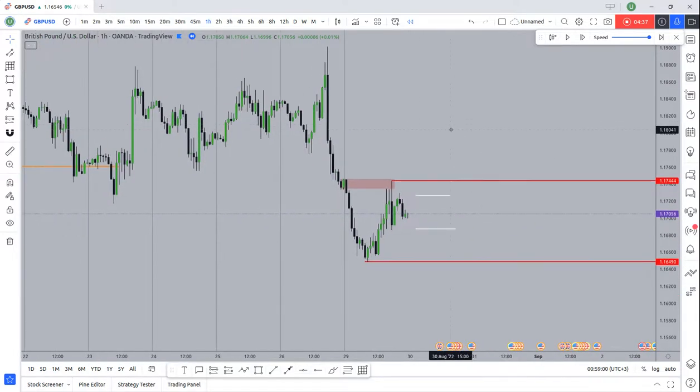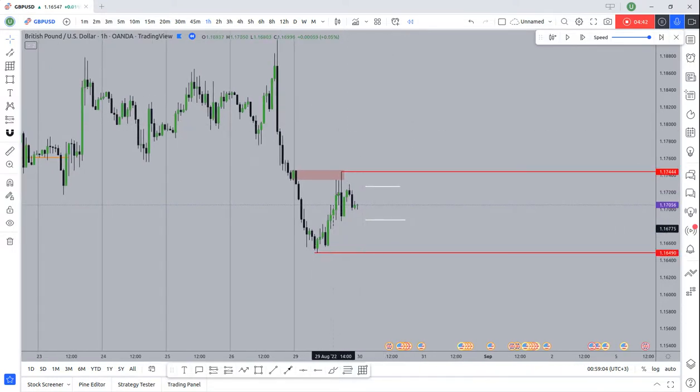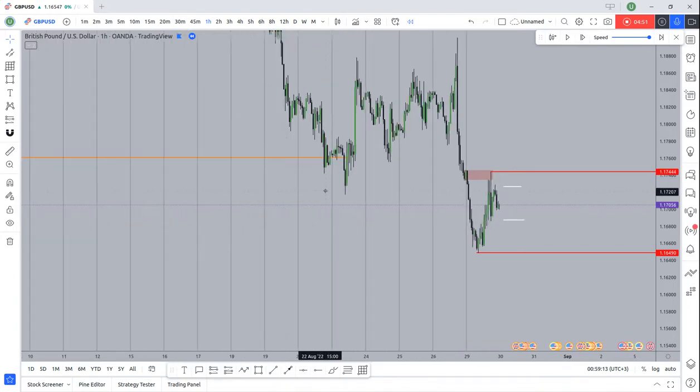So we find Monday price returning to this order block, a massive sell that left an order block that also broke this market structure.